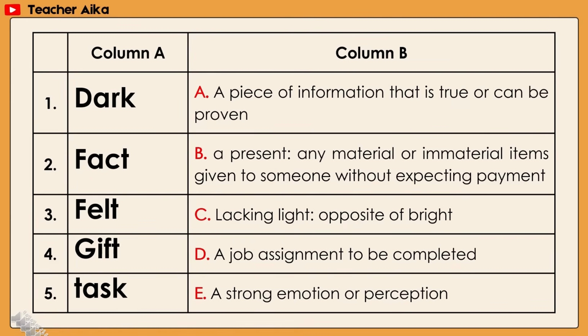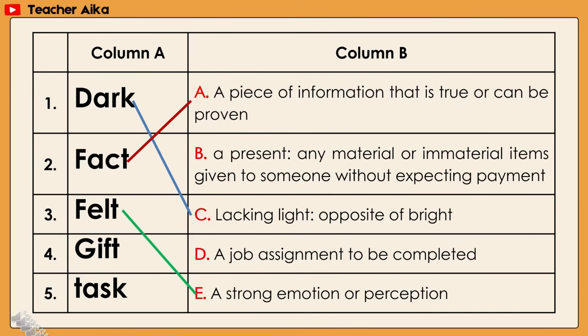Let us answer. Number 1, dark. The answer? Letter C, lacking light, opposite of bright. Number 2, fact. Answer, letter A, a piece of information that is true or can be proven. Number 3, felt.